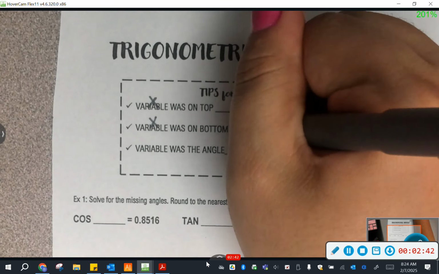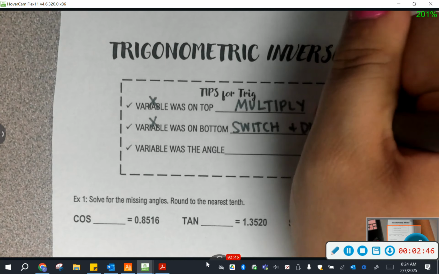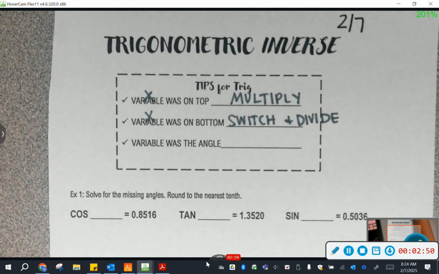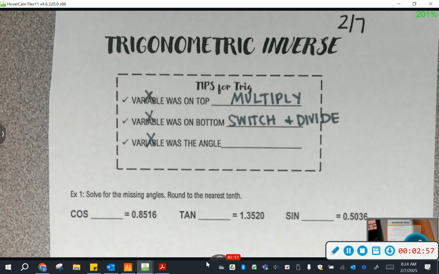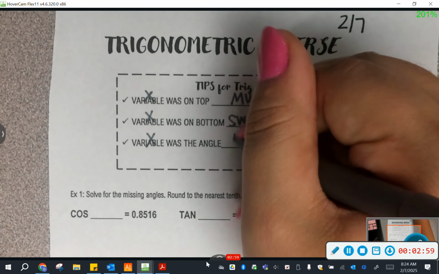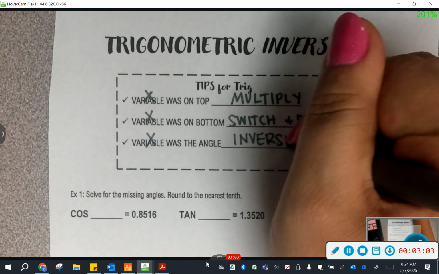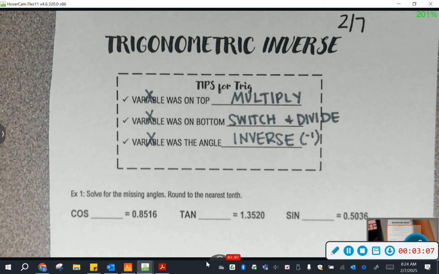We are going to switch and divide. Switch and divide. If the variable is the angle, which is what we are doing today, we are going to do inverse. And that means we're choosing the ones with the little -1 up top.